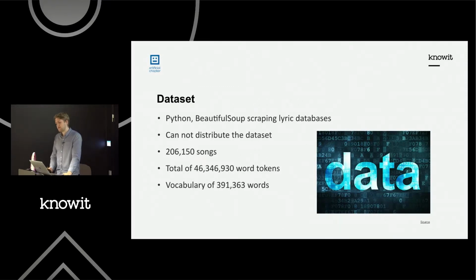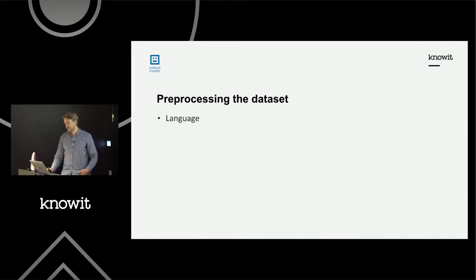The vocabulary is the number of unique words you have in your data set. But I don't think English even has 400,000 unique words. So I thought a lot of these words are probably not English.